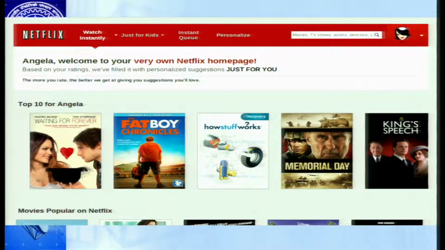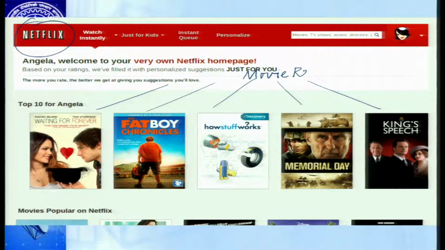What is interesting is that this is a simple snapshot of the Netflix website. These are some movie recommendations from Netflix, based on what it thinks that particular user would like, and you can see there is a set of movies.